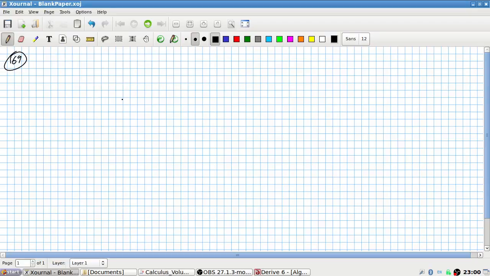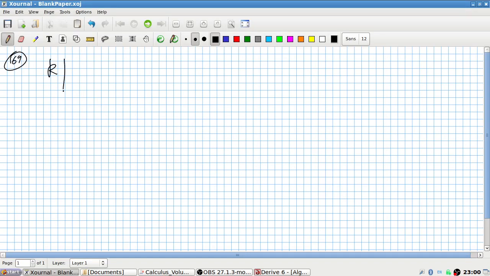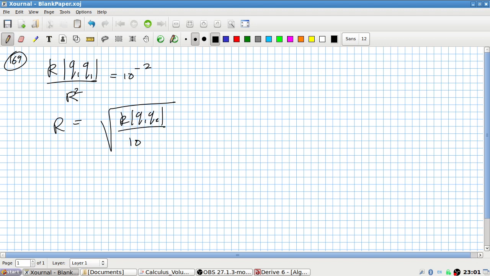Yeah, okay, so we want a point where K Q1 Q2 over R squared at the point R is equal to 10 to the minus 20. So the R will be the root of K Q1 Q2 over 10 to the minus 20.